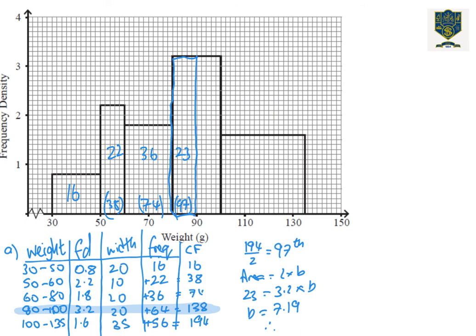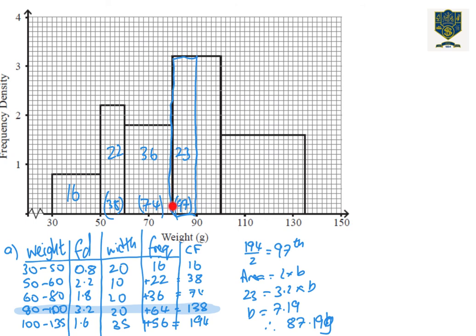Therefore, the median weight is going to be 7.19 more than the lower bound of 80. So it's going to be 87.19 grams. So we know that the median is greater than 80 because that's the lower bound of this bar. We know it's 23 in to give us a cumulative frequency of 97, and that there were 74 up to that point.